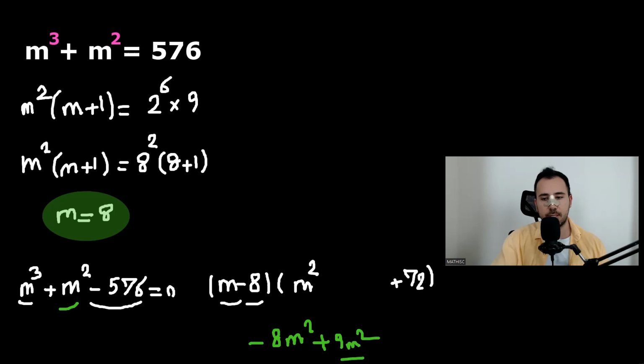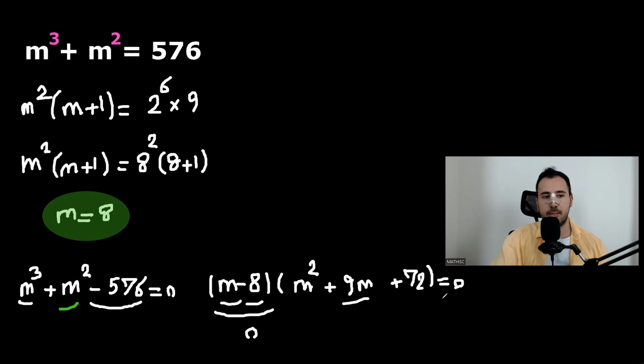To find this, I'll write +9m over here. This positive m and this one will create non-m squared. Okay. Now it's very easy what we have. So this equals 0.